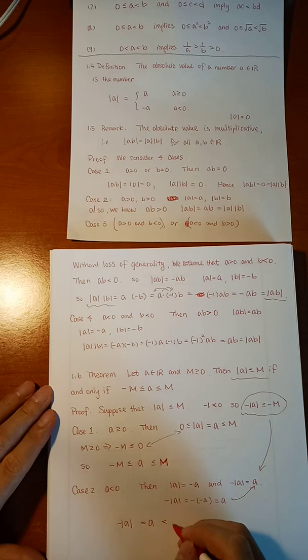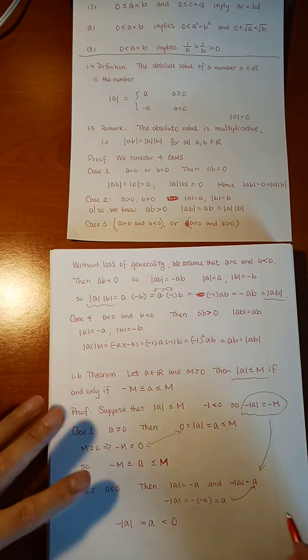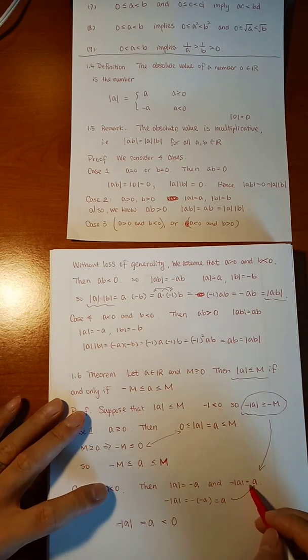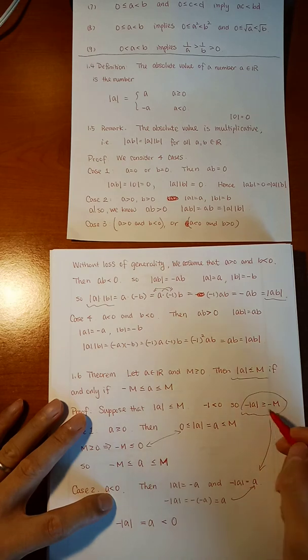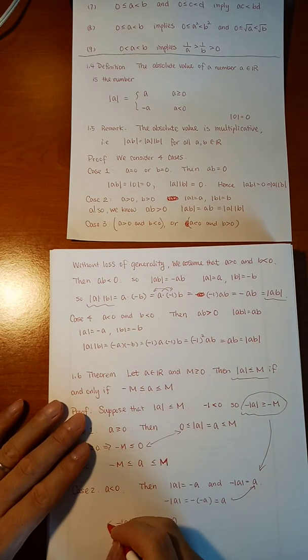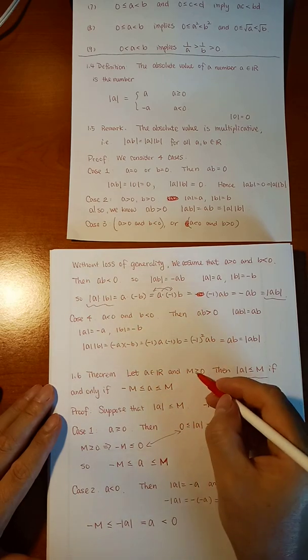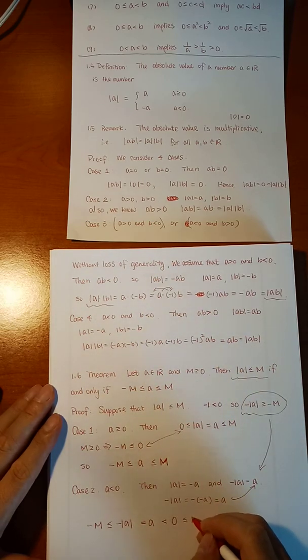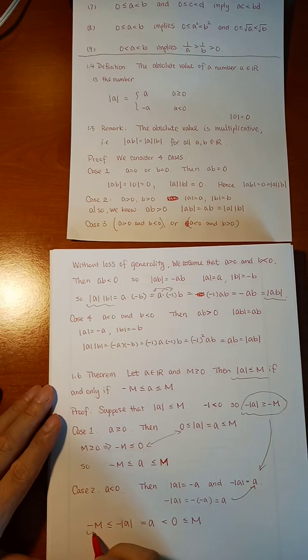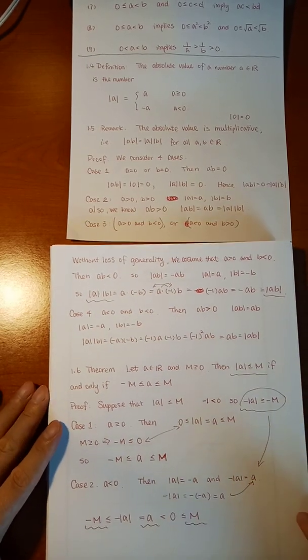A is less than 0. See? So here is an equality, and negative absolute value of A is greater than or equal to negative M. So we do have the left half, 0, M, whereas M is here, so it's less than or equal to M. So we build the inequality.